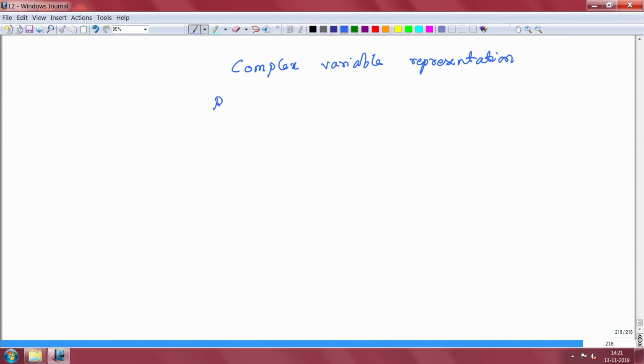So recall e to the power i theta is equal to cosine theta plus i times sine theta, where i is root over of -1, right. So we can represent our input in terms of a complex variable using this.